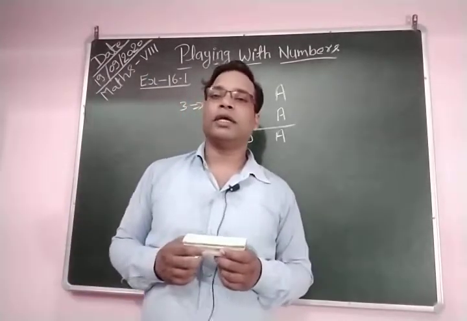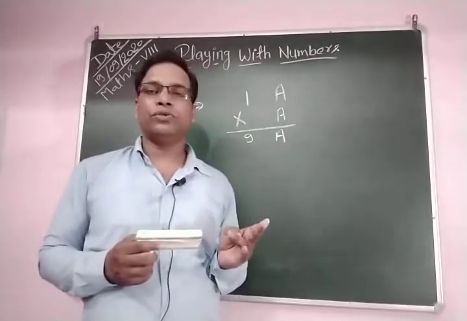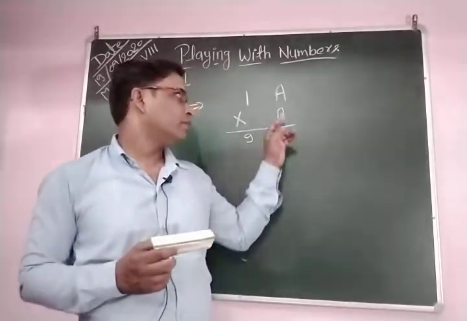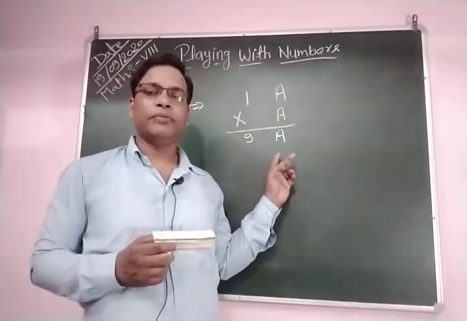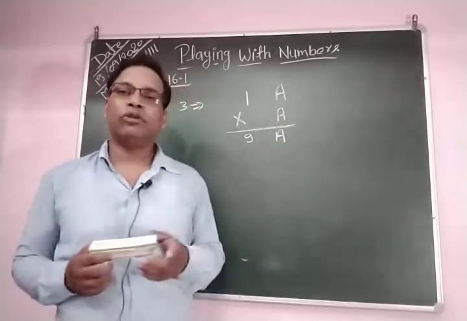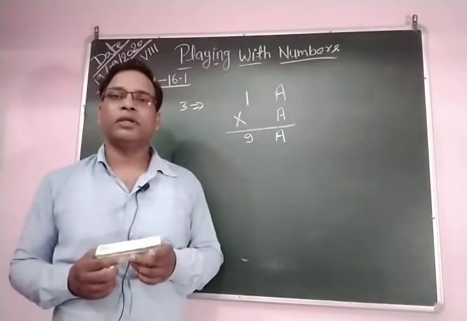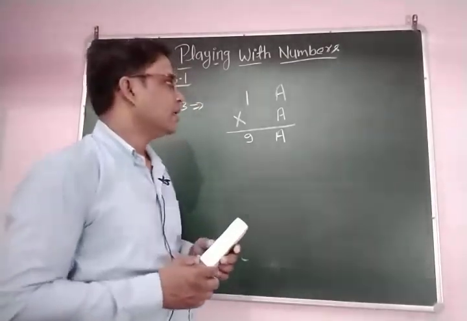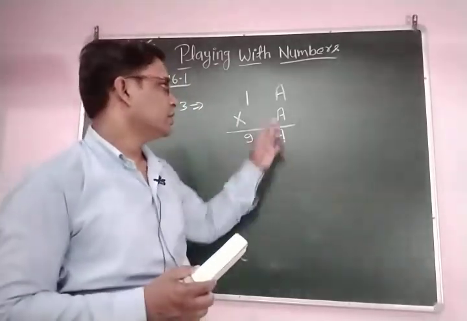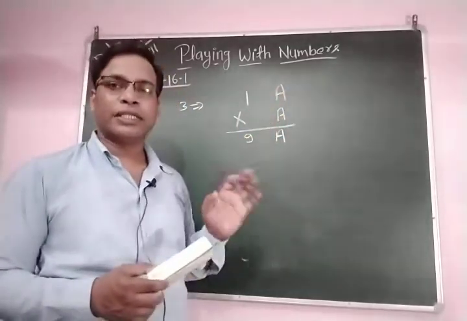If you take 4, 4 into 4 is 16, but here we need A to be 4, so the value of A is not 4. So we take A is 6. If we take 6, then 6 into 6 is equal to 36.